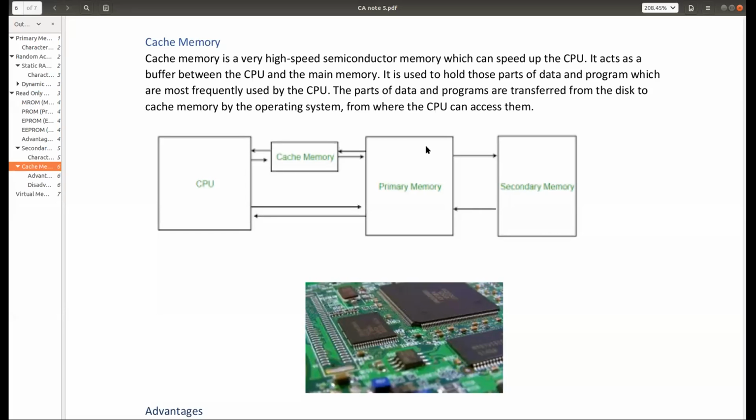So cache is exactly that. If you assume primary memory as West Bengal, cache is Hooghly district. And secondary memory in that case is India, the whole country.